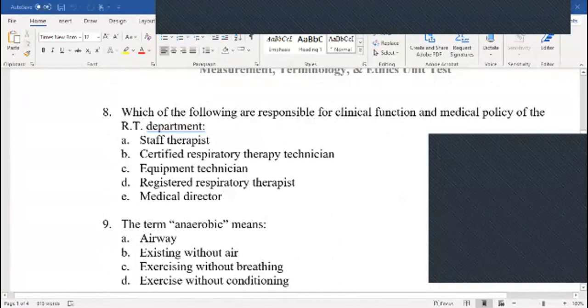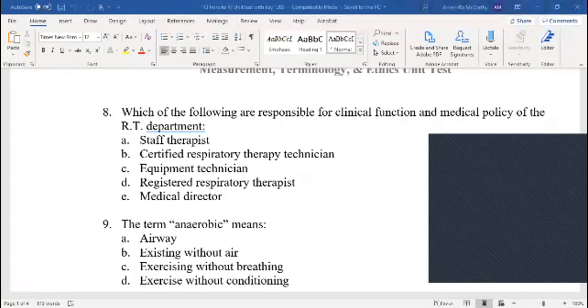All right. Let's look at 8 and 9. All right, number 8.